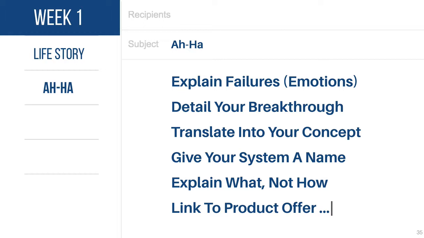So this aha moment really ends the story of the aha email, ends with your system and you explaining how today you teach the system to other people who want to cure their back. So in your case, you want to help people, whatever it is, help them with depression, help them with skincare, help them make money on the stock market, help them with social media marketing management, whatever it is you do, this is what the aha moment links to.